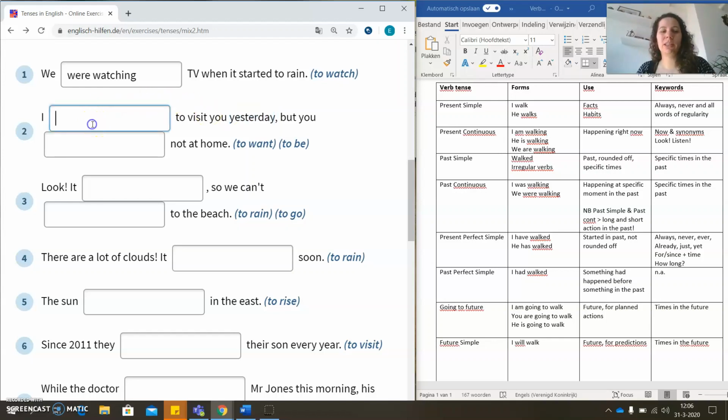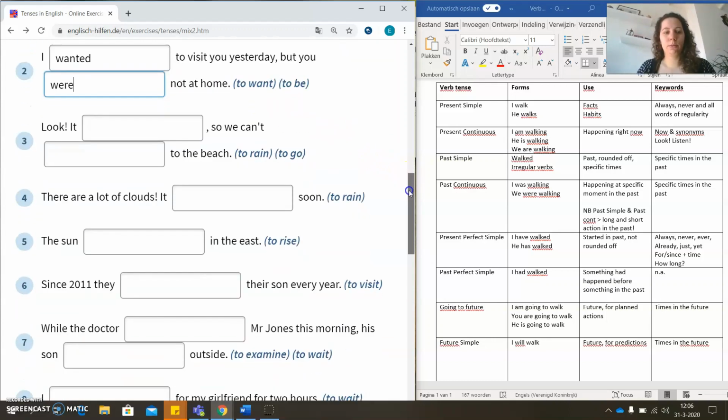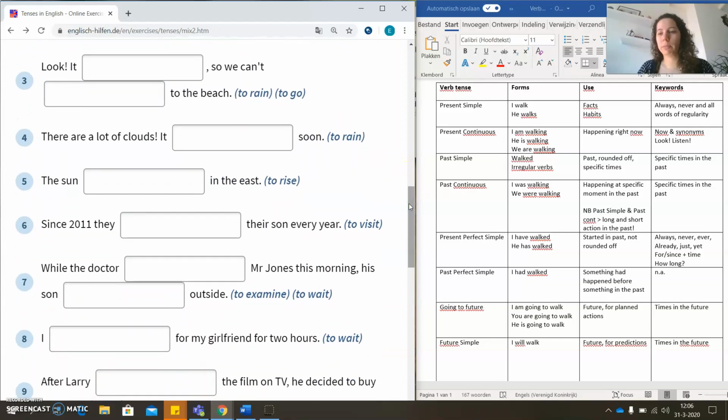Here in this sentence, it doesn't feel like it really matters that we were in the middle of it or not. No, you're just telling me that there was something yesterday, at some point yesterday, you wanted to do something. So I make the past simple out of wanted, and I form the past simple for to be, which is irregular, so it's were.